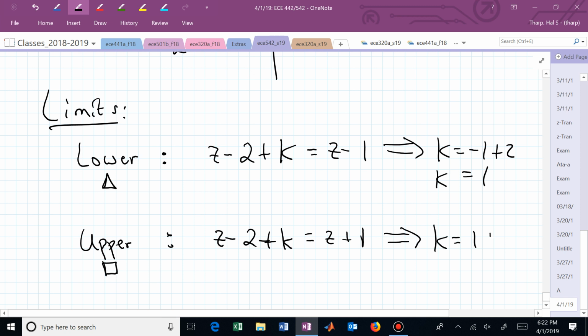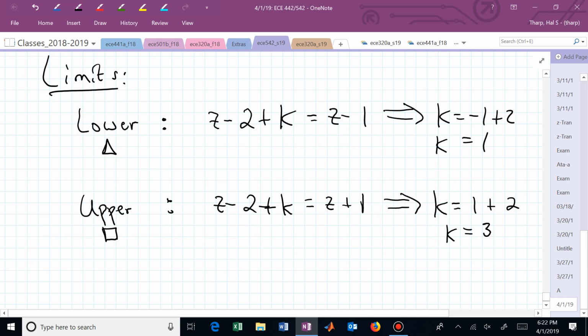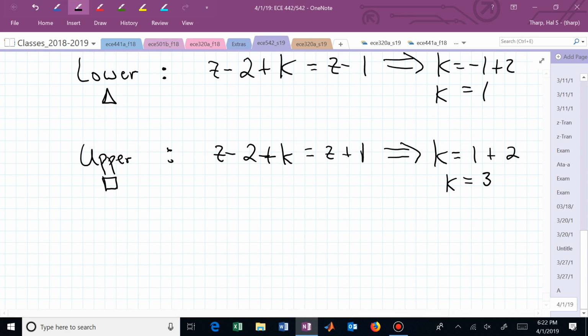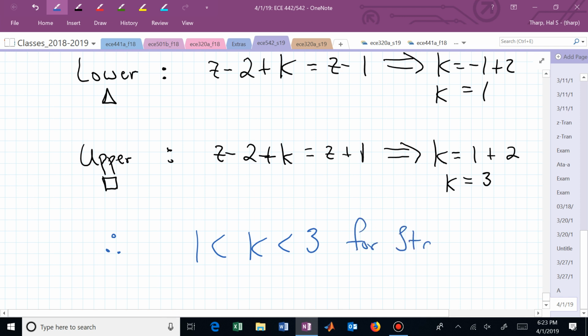K is now 1 plus 2, or 3. And that was pretty easy. If somebody now said, oh, you have a knob, k, it goes from 0 to infinity, what are the ranges on that knob to maintain stability of your closed-loop system? You now know that you need to adjust that knob between 1 and 3 for stability.